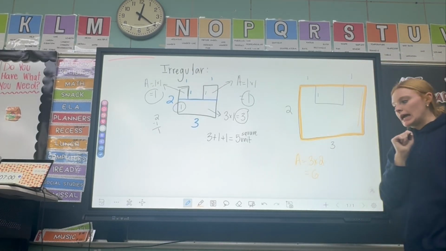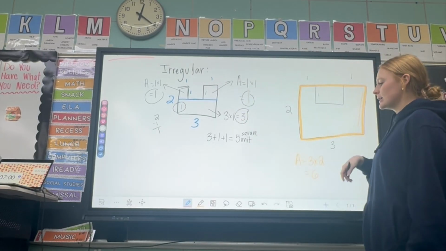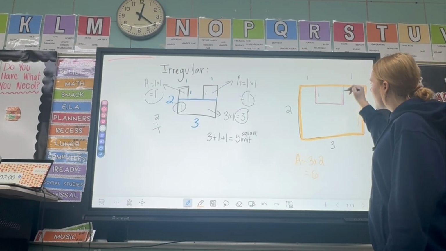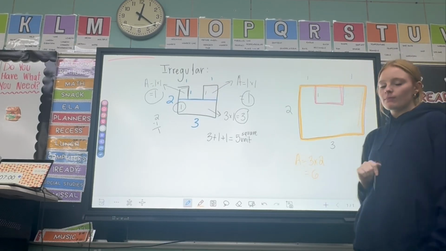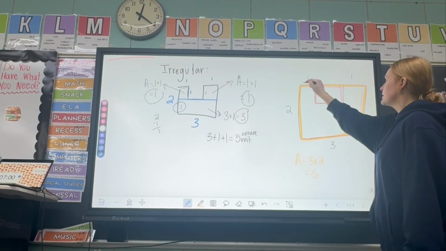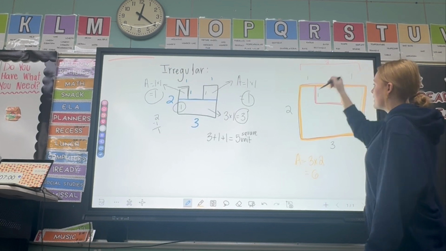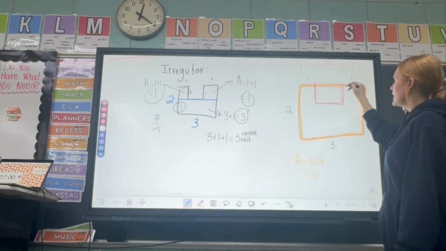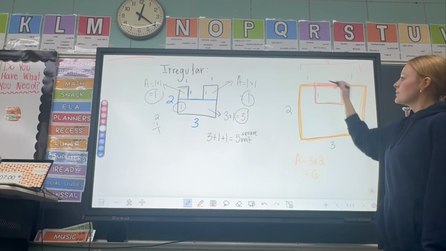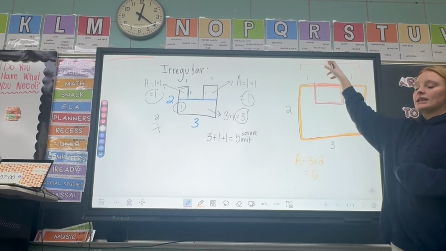But I'm not done yet. I added this part in when I made it one big shape, so now I have to get rid of it. Here's where the math comes in. This is 3. So that means this is 3. If I have 1 and 1 here, what does this equal? Well, 1 plus 1 plus what equals 3?